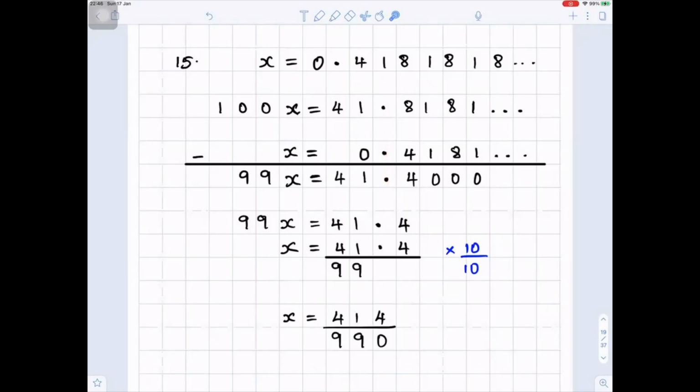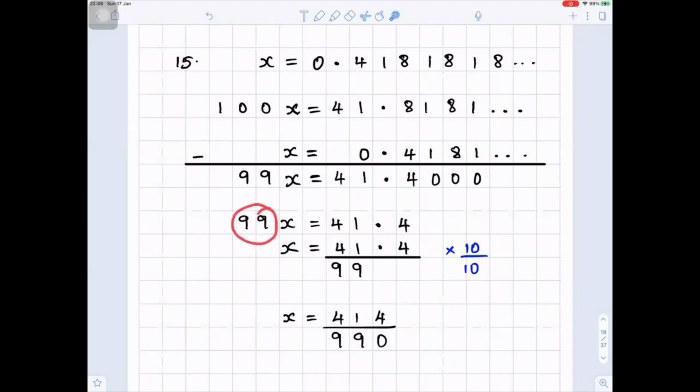And you have 1 minus 0 is 1, 4 minus nothing is 4. 100x minus 1x is 99x. So we have 99x is equal to 41.4.